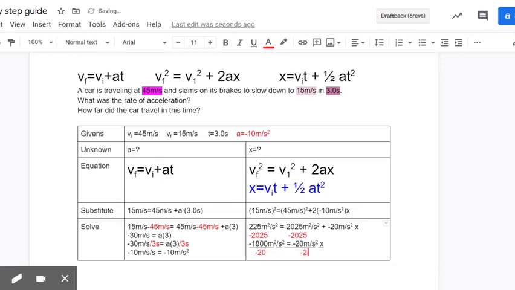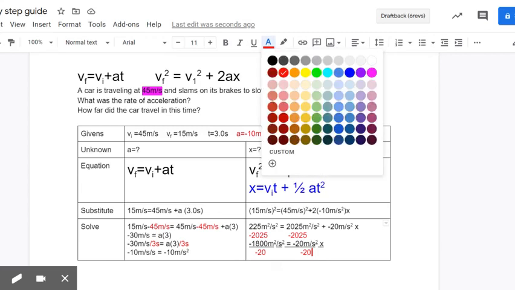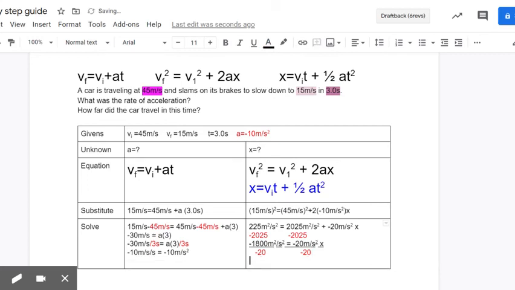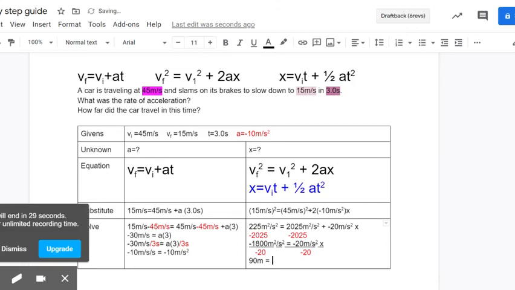And that'll get my x by itself. So I have -1800 divided by -20. That gives me 90 meters equals x.